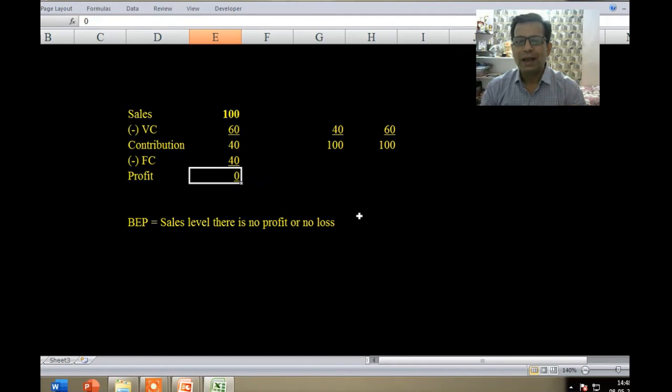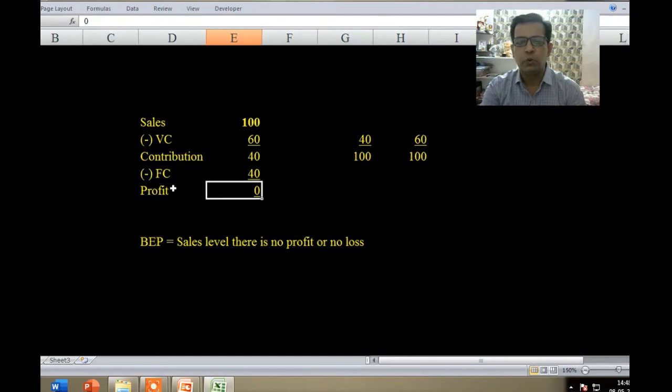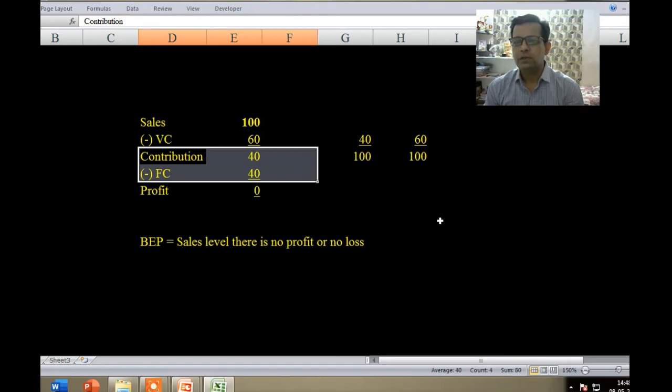If you look at this carefully, you would realize one thing, which is absolute common sense. Any sales where contribution is equal to fixed cost becomes your break-even sales. So remember, at break-even point, our contribution will be equal to our fixed cost.